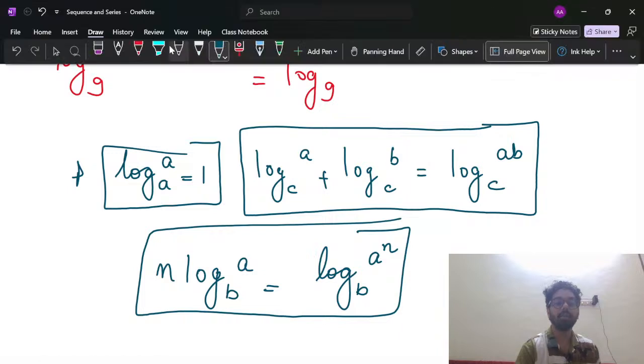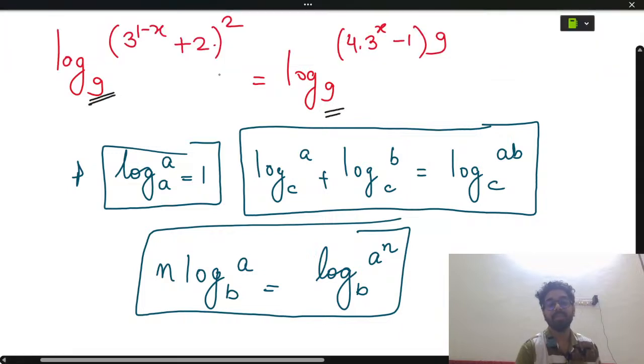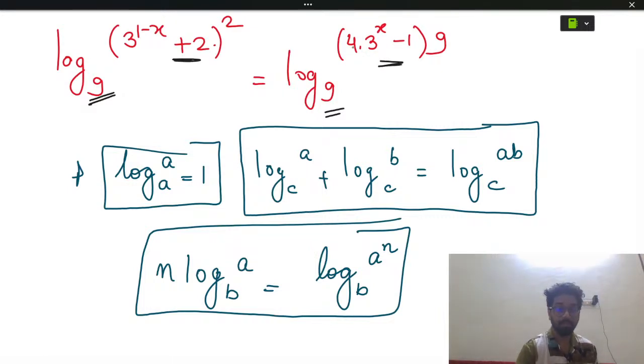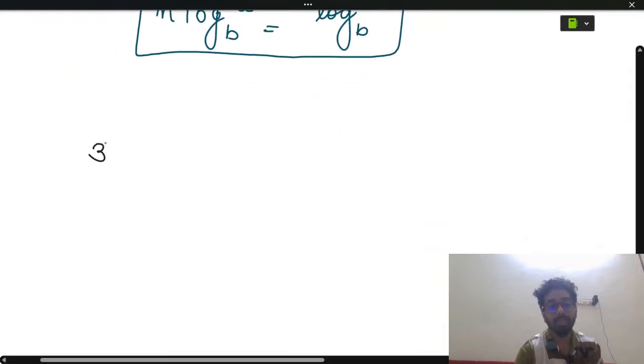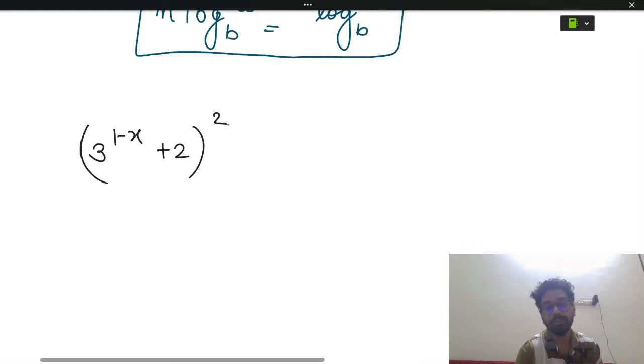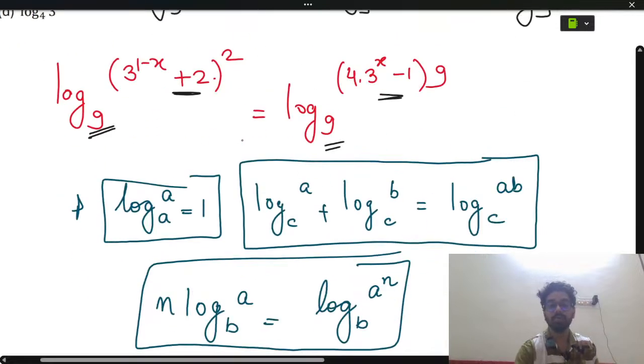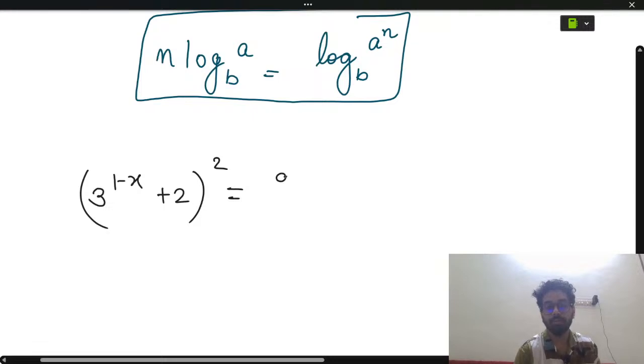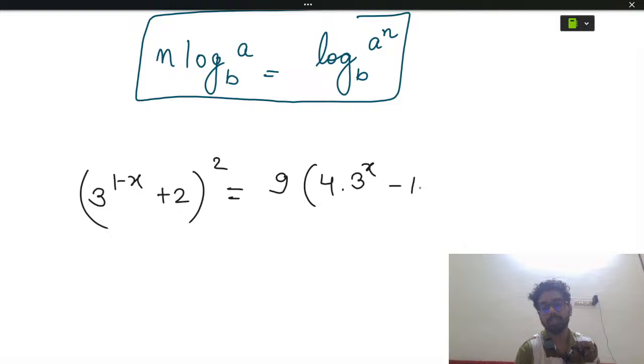And the next property is, if the base is the same, then the antilog part is also equal. If two logs are equal having the same base, then their antilog part, or you can call it the exponential part, is the same. So that means (3^(1 minus x) plus 2) whole square is equal to 9 times 4 into 3^(x minus 1).